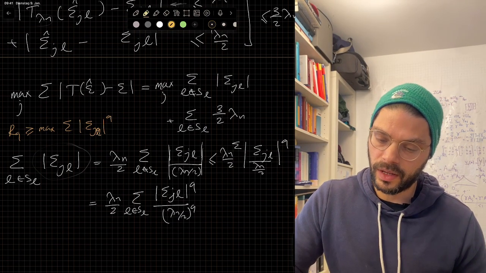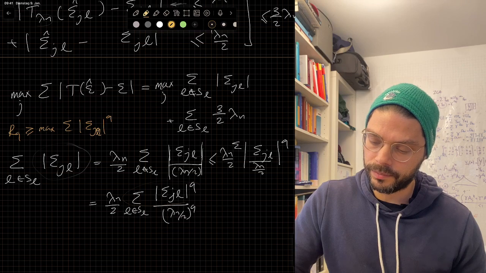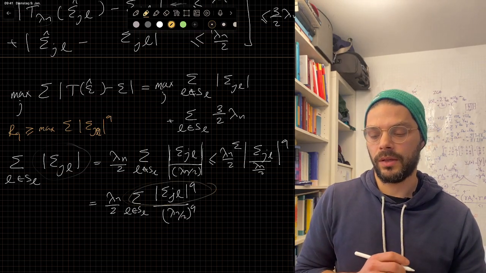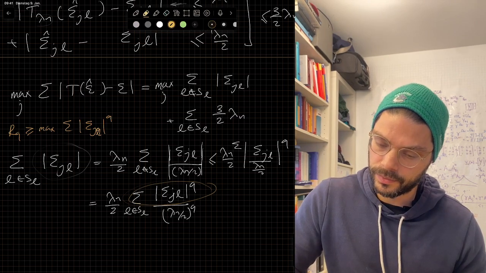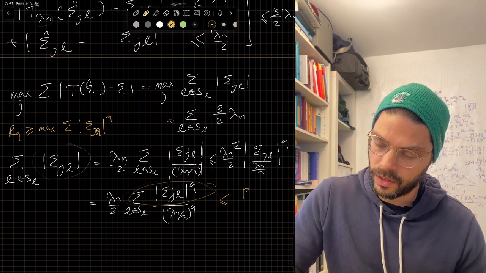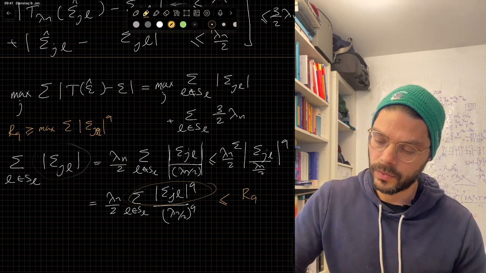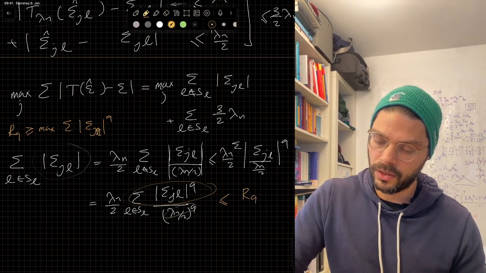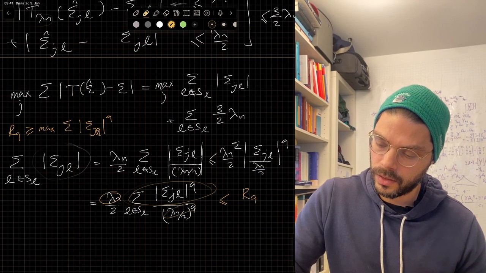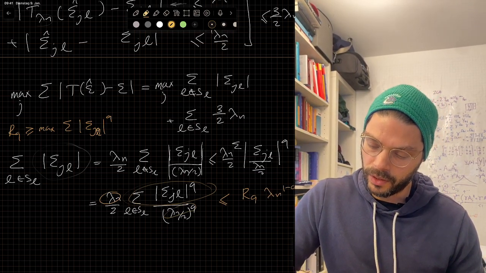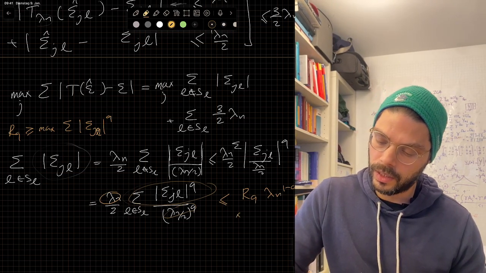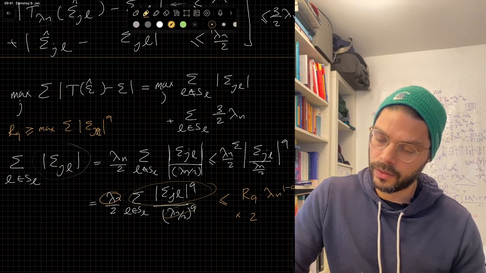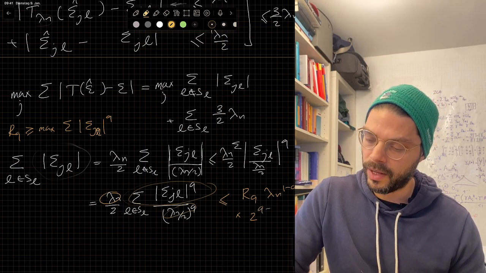Well, we've got two bits now. We've got this top bit, which is just this sum of sigma JL to the Q's. So this is going to be less than or equal to RQ. And now we've got lambda n to the Q interacting with this, so that's just lambda n to the 1 minus Q. And then we've got this additional term, which is 2 to the Q minus 1.